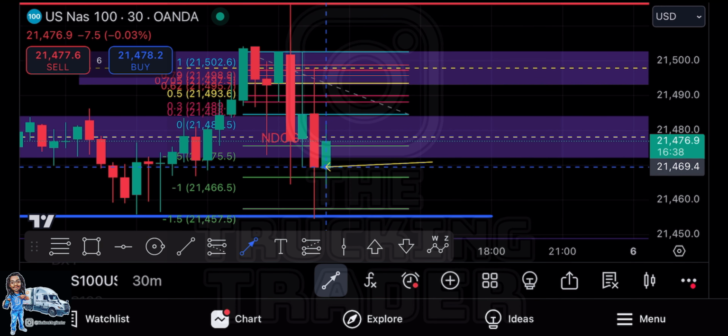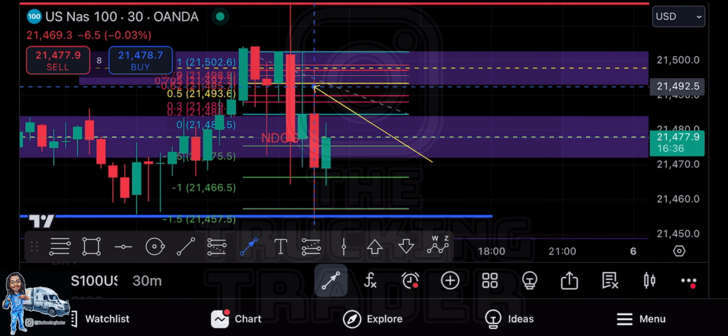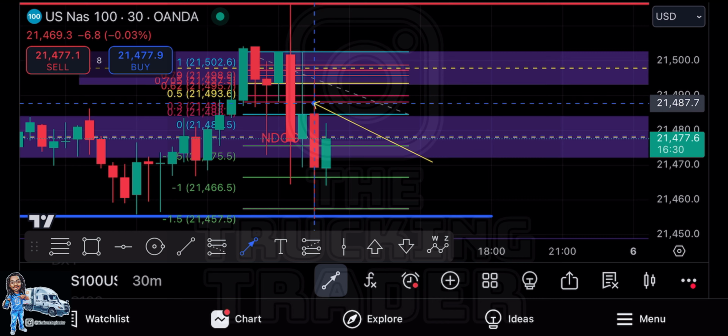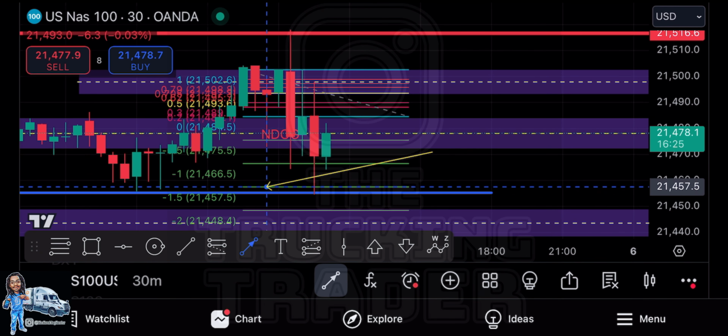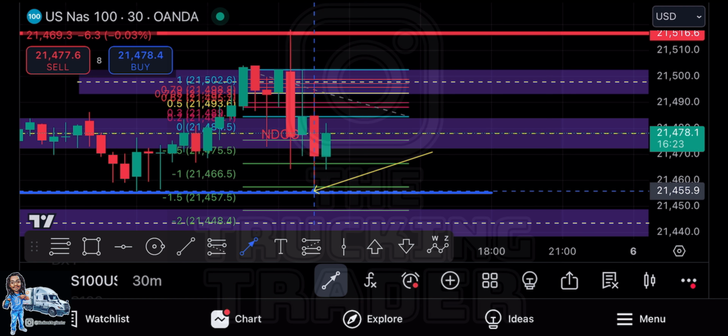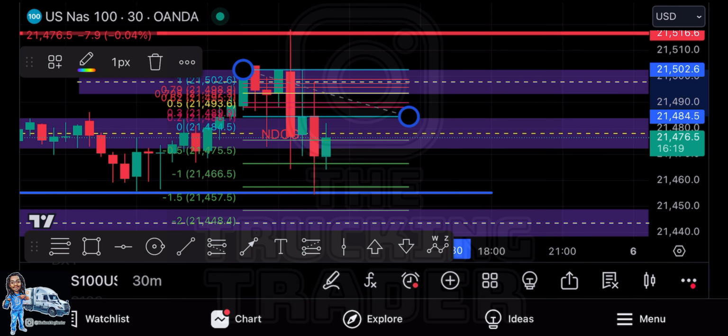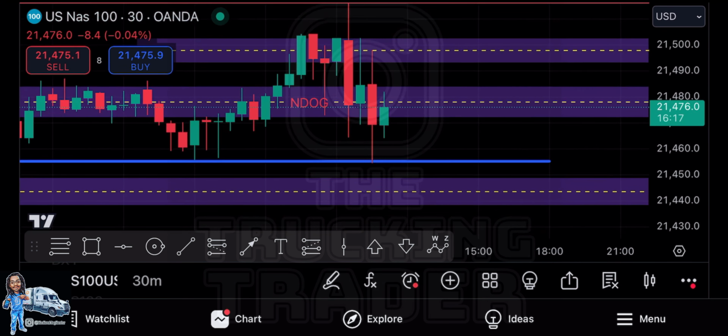A propulsion block is when the next candle created goes up and hits the midpoint of this wick and sells off again. So that was the last trade that I took that went all the way down, got me right out here on the blue line that I marked out earlier in the video. That was where my liquidity was at.